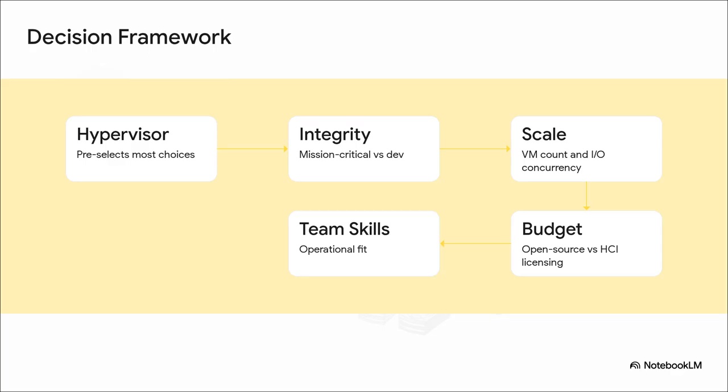Like, is a silent bit flip just a minor annoyance or a total catastrophe for your business? You also need to scale your concurrency limits, balance your open source versus HCI licensing budget, and honestly, most importantly, assess your team's skills. A technically superior file system like ZFS is practically worthless if your Windows-centric team doesn't know how to operate it safely.